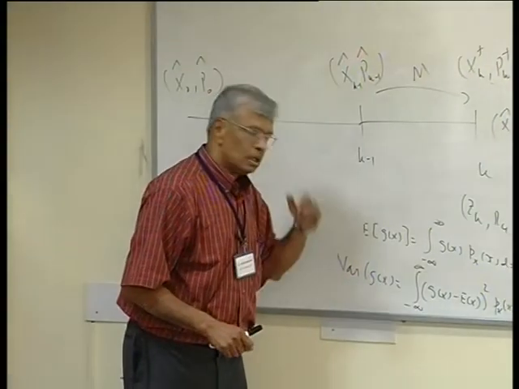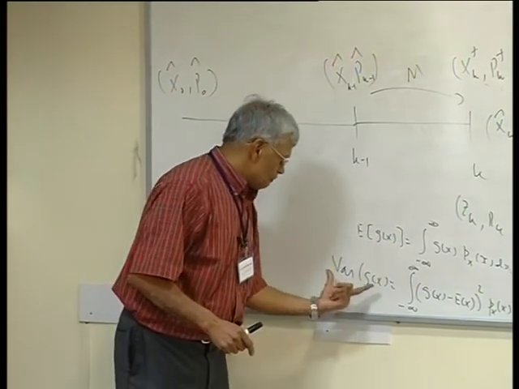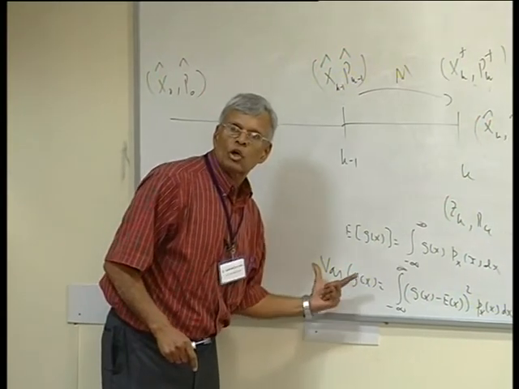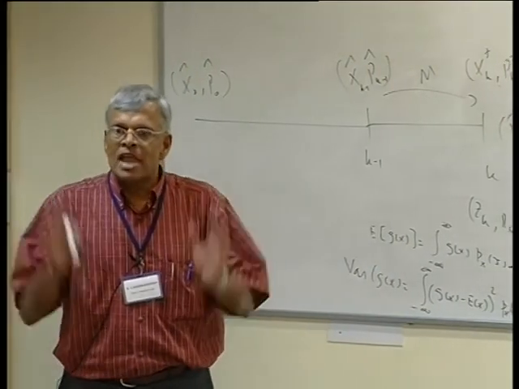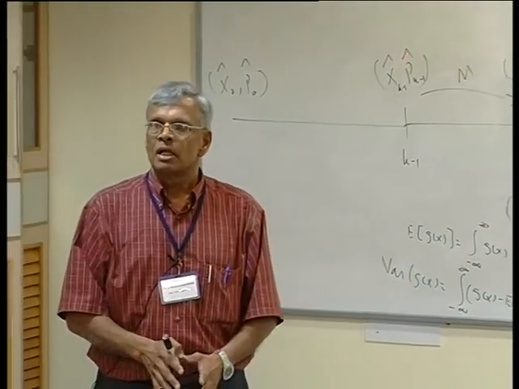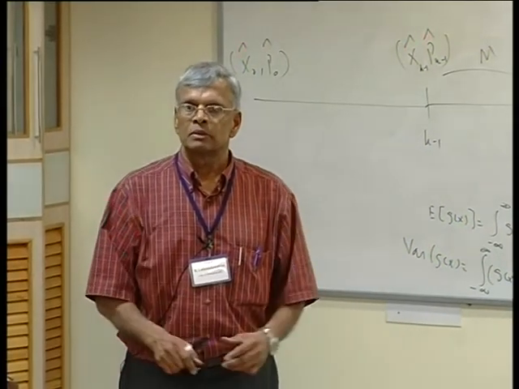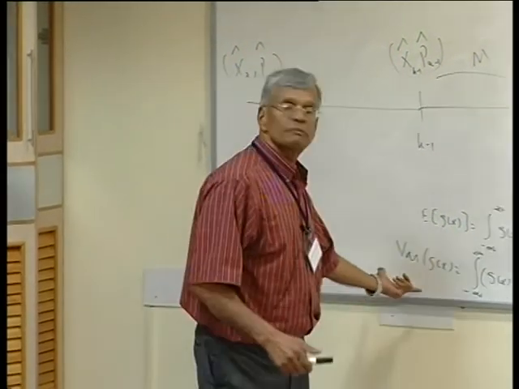Are you with me? The major difficulty is that for a general nonlinear function, there is no closed form in which we can compute the variance. In other words, the variance of a nonlinear function is in general difficult to compute. So what do you do? You approximate.